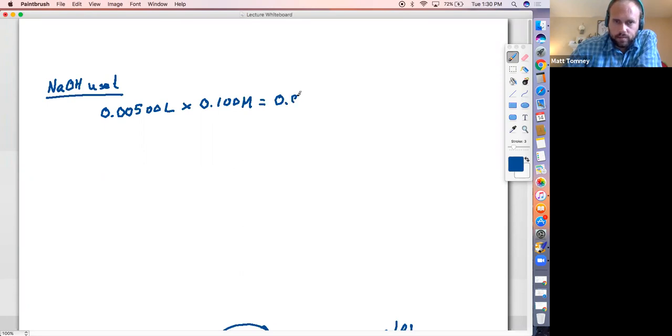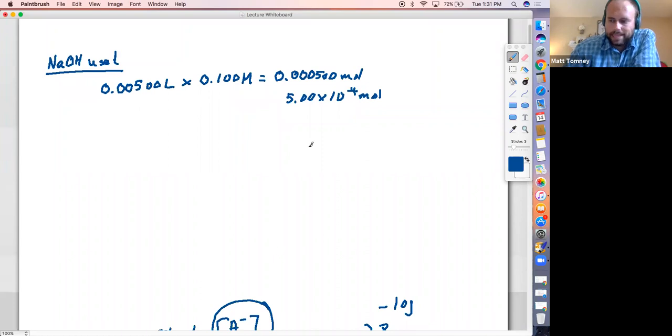And that turns out to be 0.000500 moles. Or for those of you playing scientific notation at home, that is 5.00 times 10 to the -4th moles. Either of these values is appropriate depending on what your preference is. Okay, so that's the NaOH used. So then the next thing you move on to is you need to find the amount of the acid.